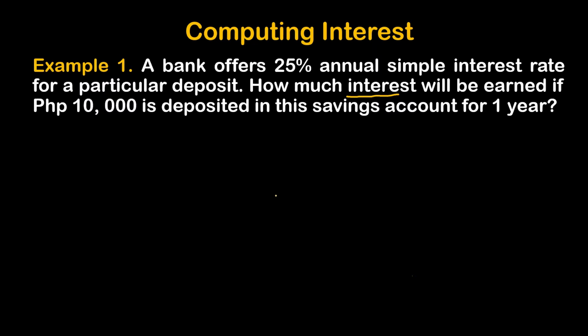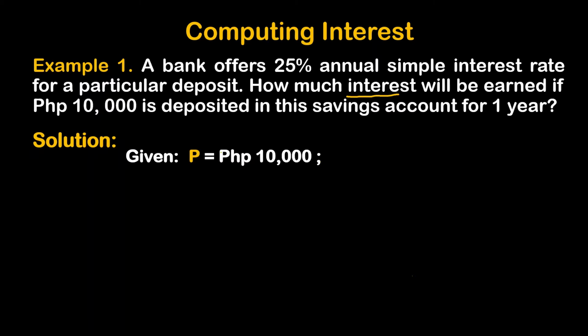amount of interest. Next natin gagawin is to determine ano yung mga given sa problem. In this problem, ang given natin is the principal amount, which is 10,000 pesos, the amount to be deposited. Then we also have our R, which is the rate of interest, which is 25%.